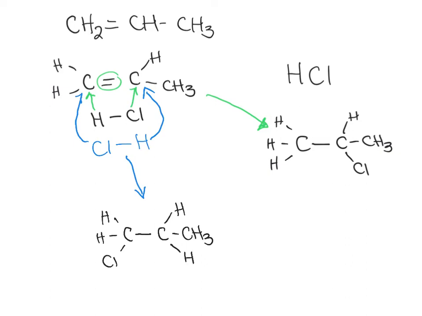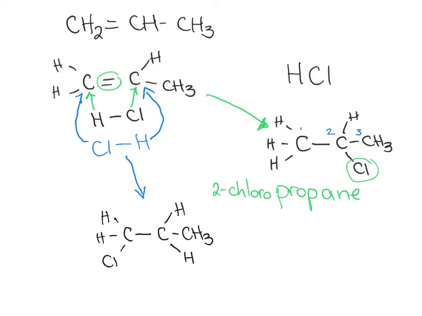So if we try and name these two molecules, here we've still got a 3 carbon chain, so we've got prop. Let's write this in green. And it's now an alkane, so it's propane. It's got a chlorine atom attached, and that's on carbon number 2, so this is 2-chloropropane.